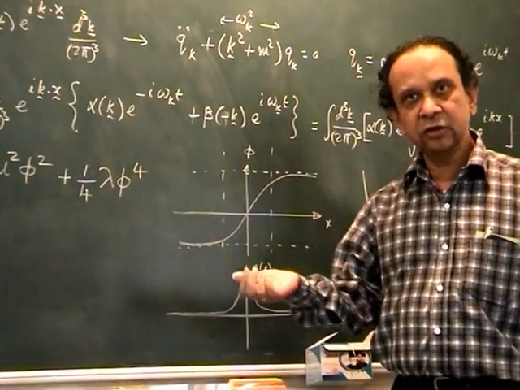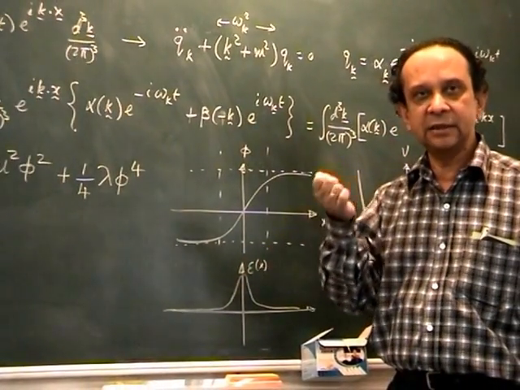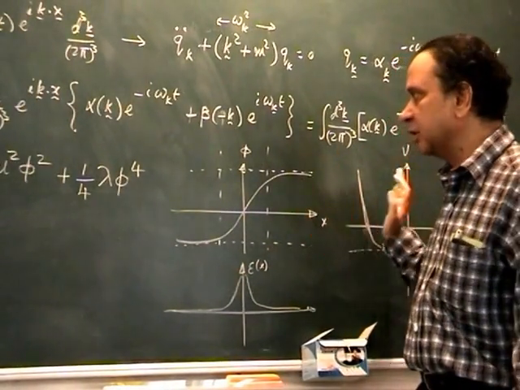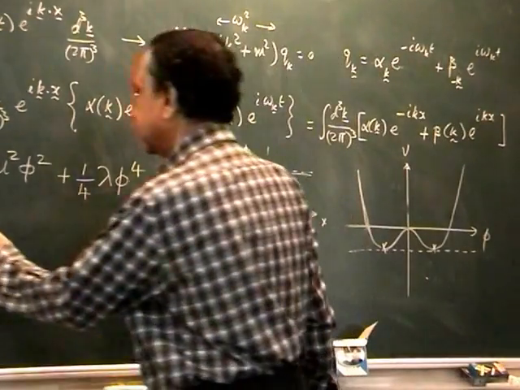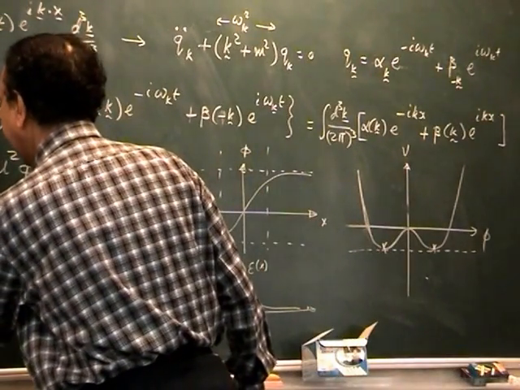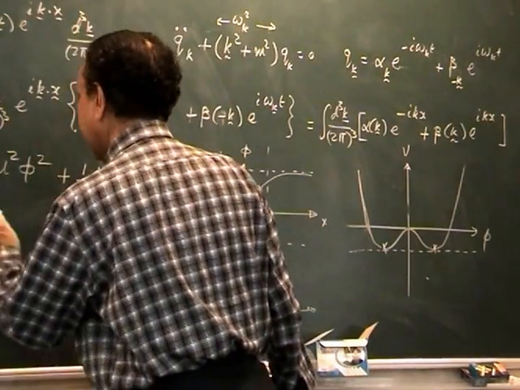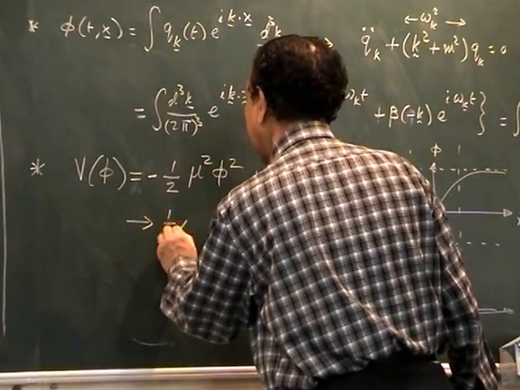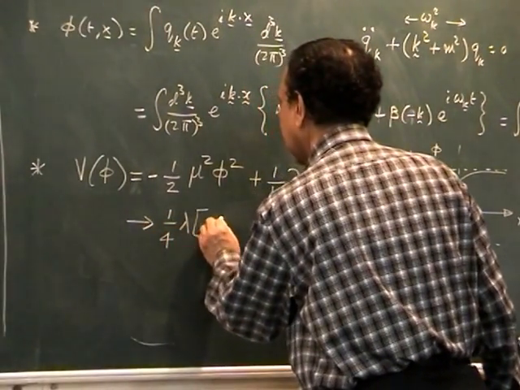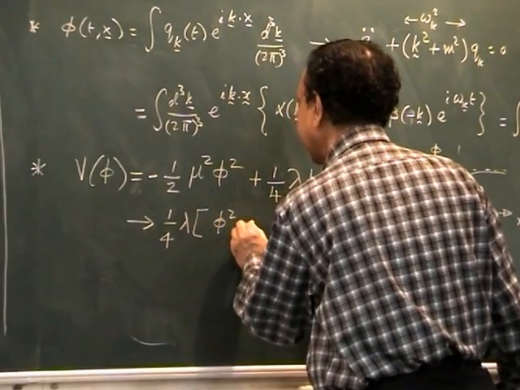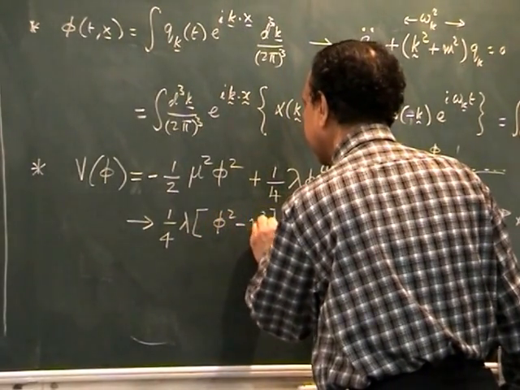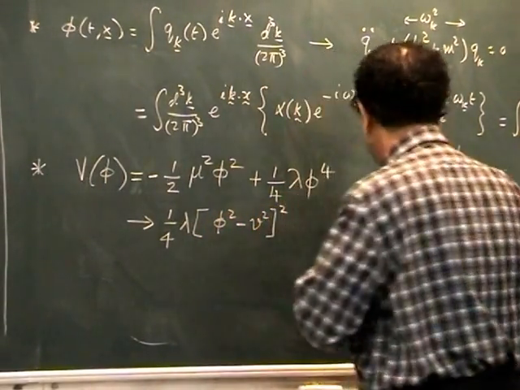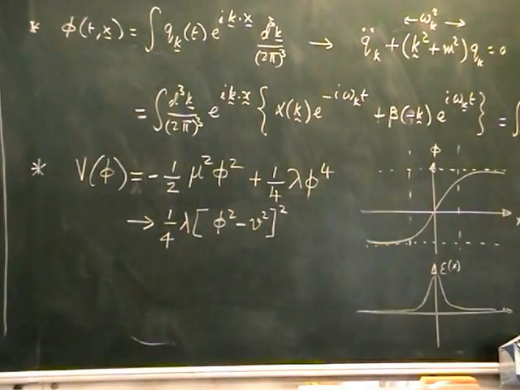The energy also has something which is phi square minus the vacuum expectation value square, because the moment you have this, I can rewrite this as, let me write it as some 1/4 lambda (phi square minus v square) the whole square, where v is this.